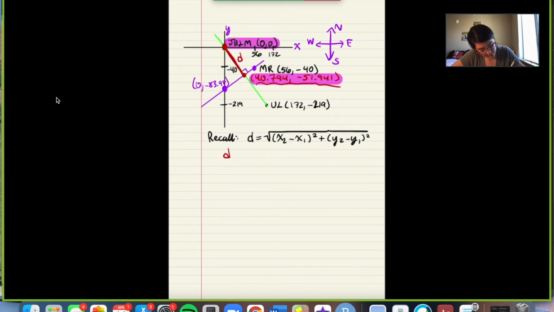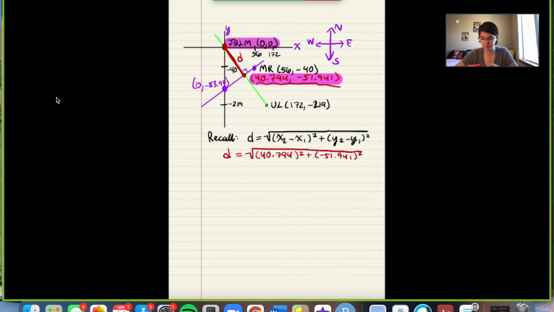So in our case, if we plug this in, our x2 is going to be 40.794 minus x1, which is 0. So again, I won't write that. Plus, our y2 is negative 51.941, and then minus 0, but I won't write it, squared. And then we can just type that into our calculator.